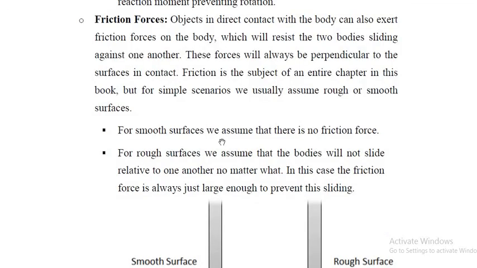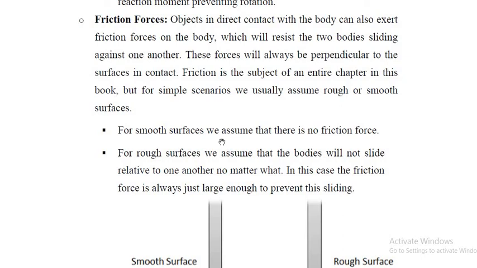Next we will study the friction forces. Friction forces, as we all know, when a body slides over another body, the surface it slides over will exert some force in the opposite direction so that the body will not slide. That means up to a certain point the frictional forces come into effect.